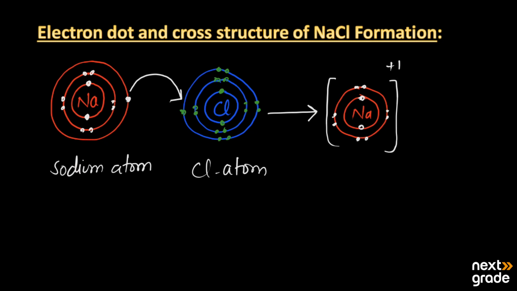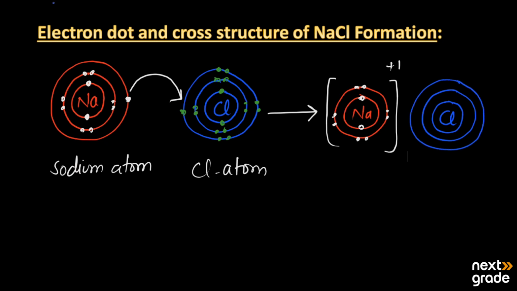For chlorine, the first shell has 2 electrons, the second shell has 8, and the last shell now has a total of 8 electrons.